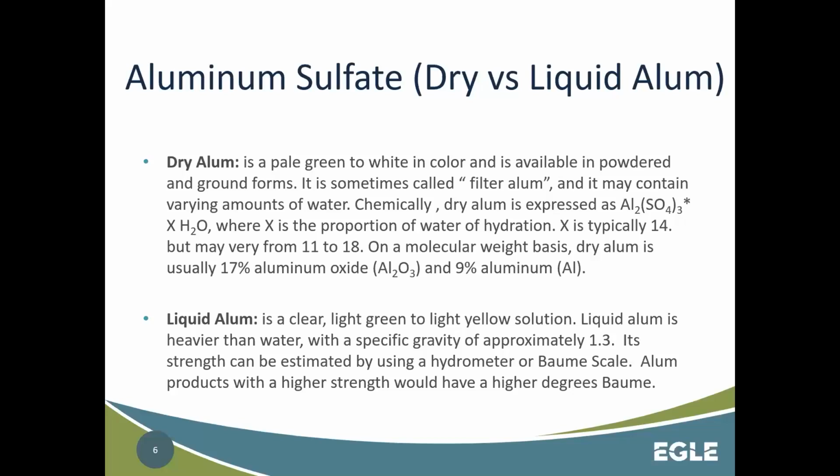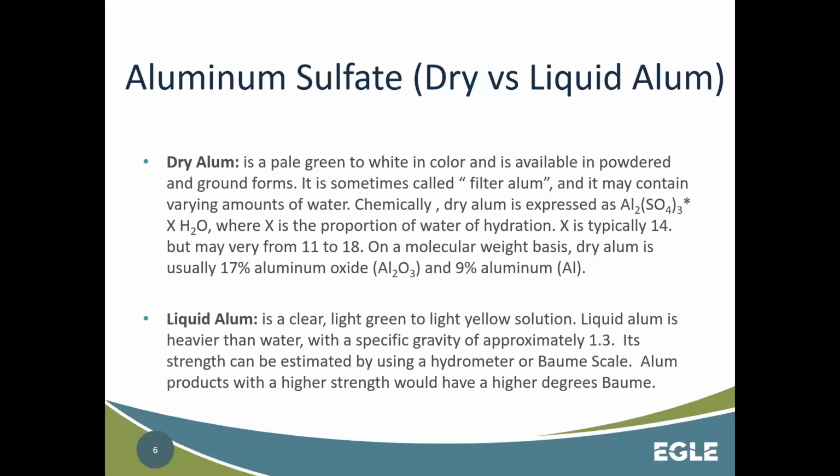Chemically, dry alum is expressed as Al2, two aluminums, (SO4)3, that's our sulfate, there's three of them, times xH2O. The X in the H2O represents the proportion of water of hydration. It's typically 14, but it can vary from 11 to 18. For a lot of our calculations today, we're going to be using 14.